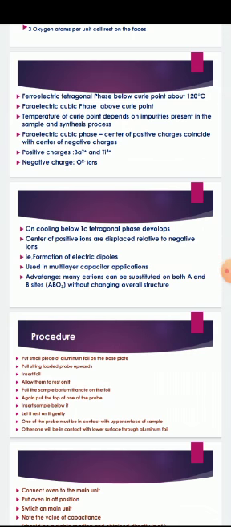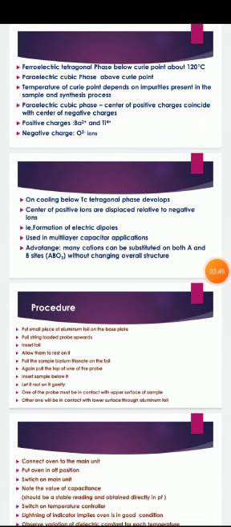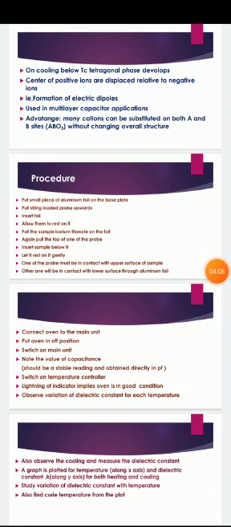In the paraelectric cubic phase, the center of positive charges coincides with the center of negative charges. The positive charges are barium, that is Ba2+, and titanium, that is Ti4+, and the negative charges are O2- ions. On cooling below Tc, the tetragonal phase develops.